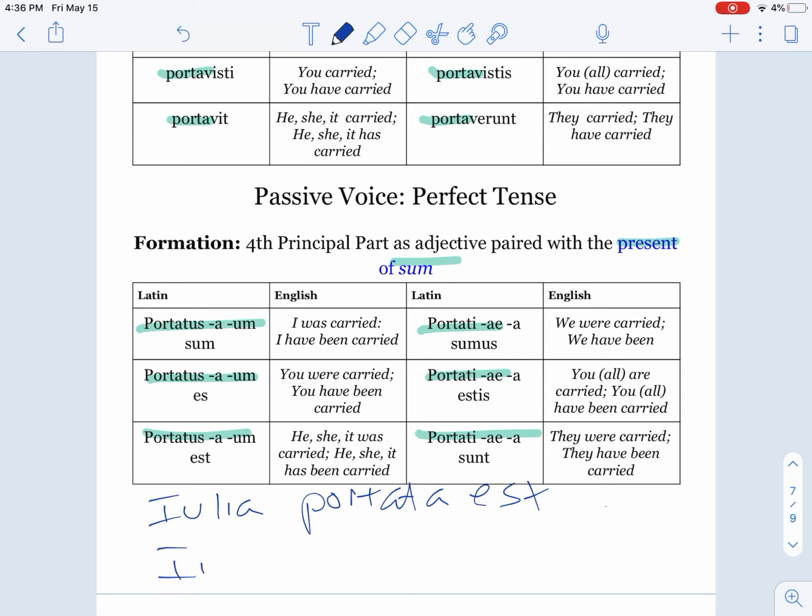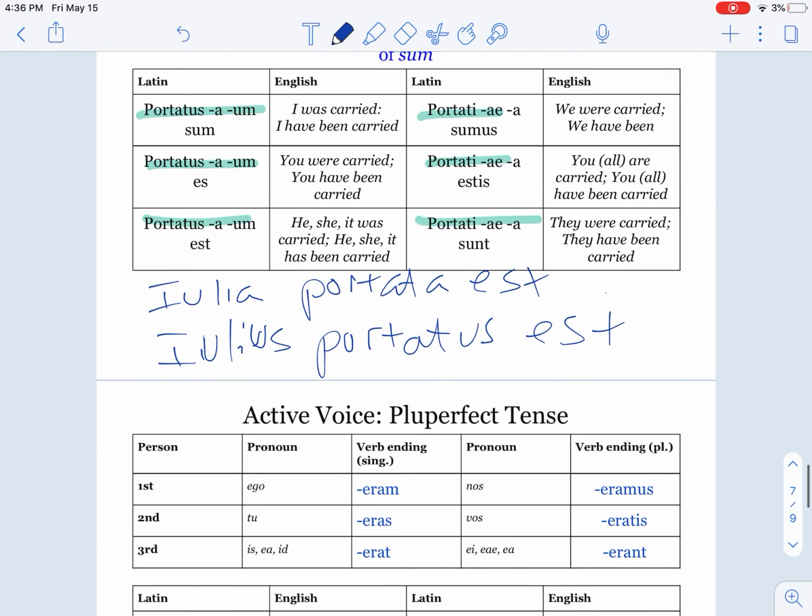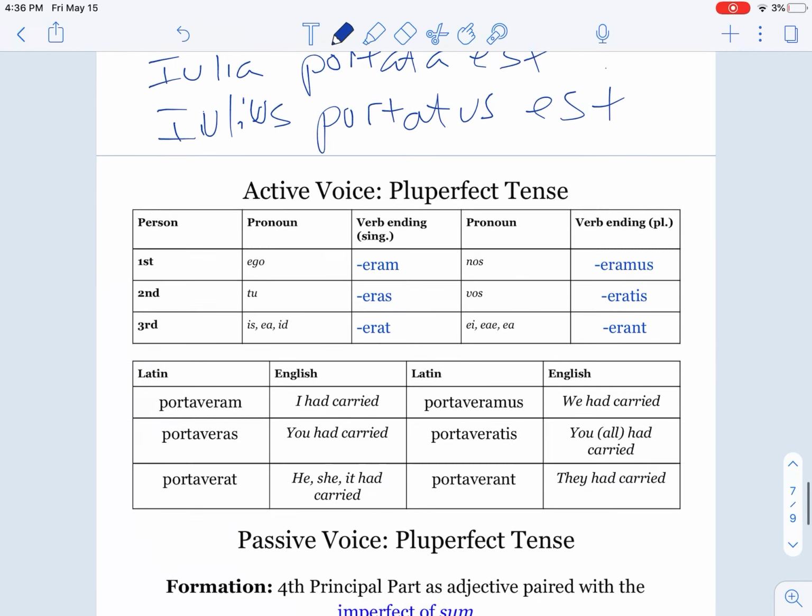Please pardon my handwriting. And then Julius portatus est is Julius was carried. So it has to agree with the subject, and that's why we treat it like an adjective. And so you can say was carried or have been carried for perfect passive.